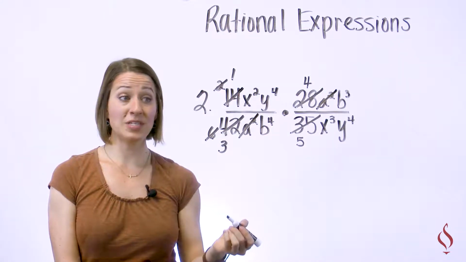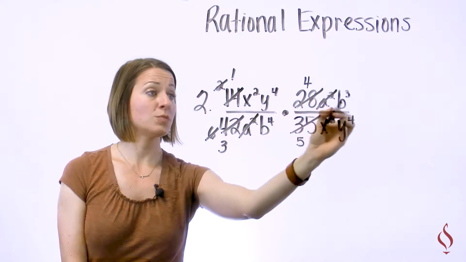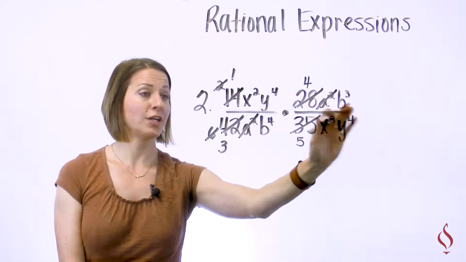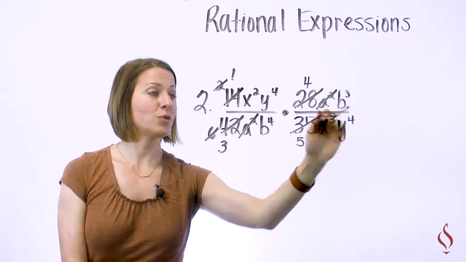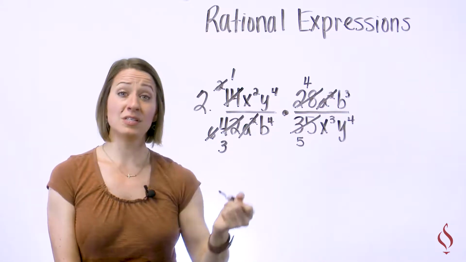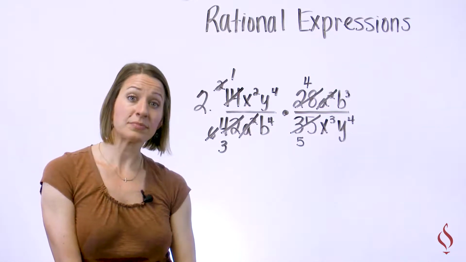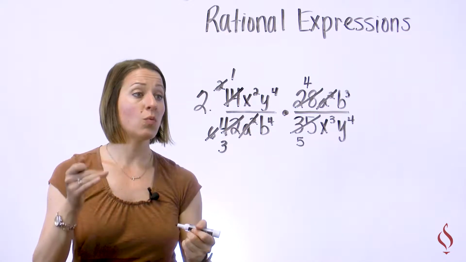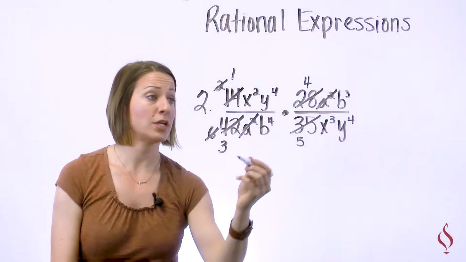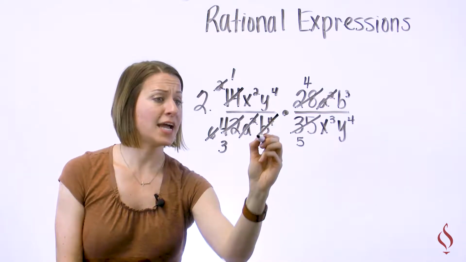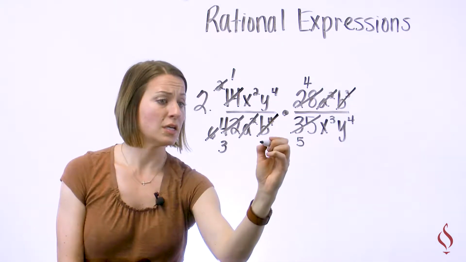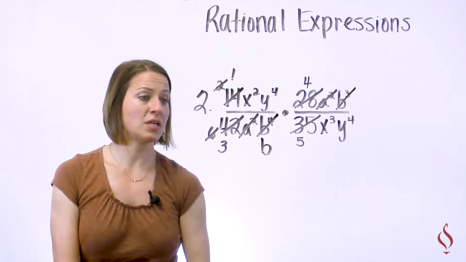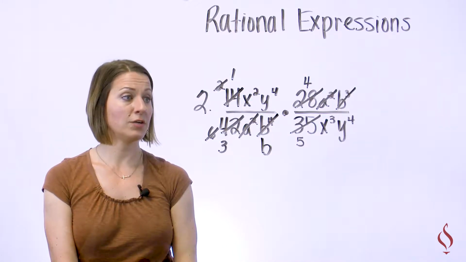Next, take a look at your B's. Across both numerators, there are 3 B's in the numerator, and there are 4 B's in the denominator. So there's 1 extra B in the denominator. So we will cross out 3 B's, but you have to leave a B down in the denominator.